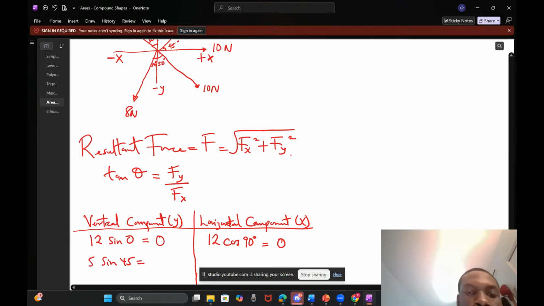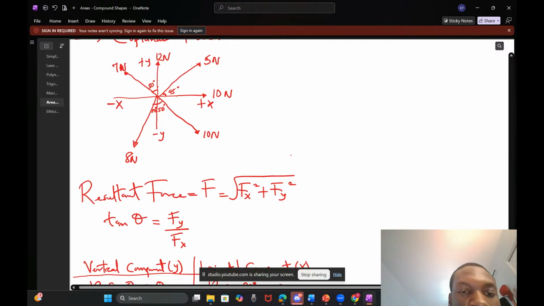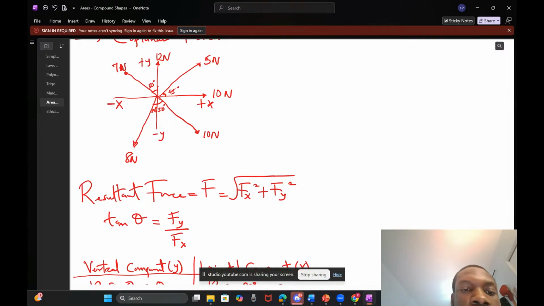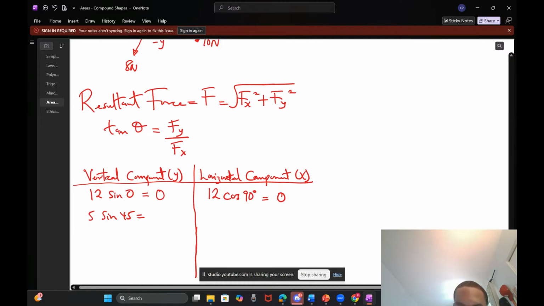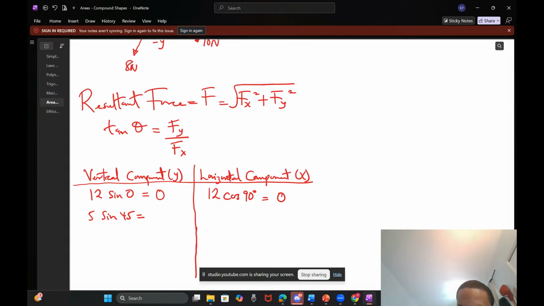Okay, and it is positive because it is facing up. When it is facing down, then it becomes negative. So let's punch in 5 sine 45. 5 sine 45 will give us 3.54.